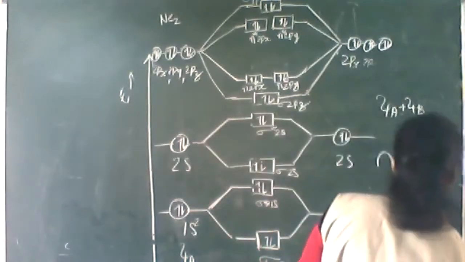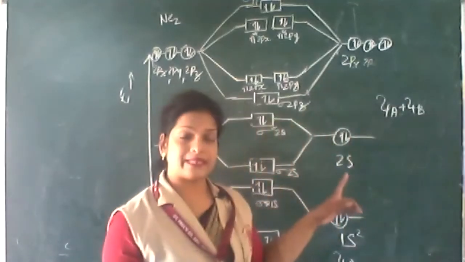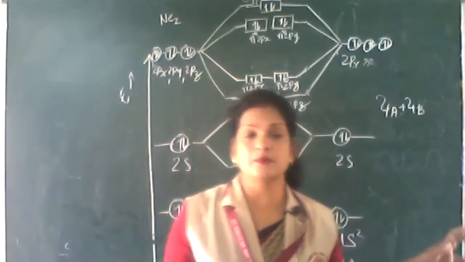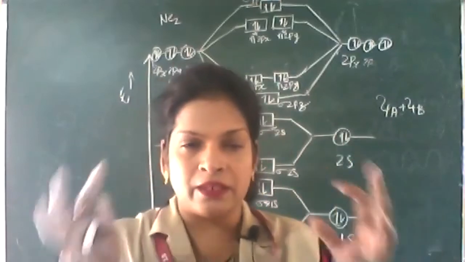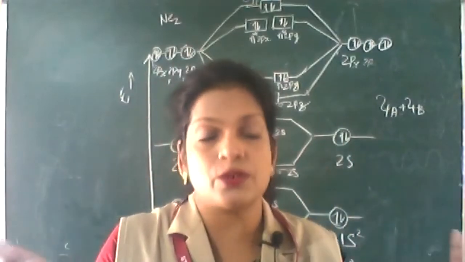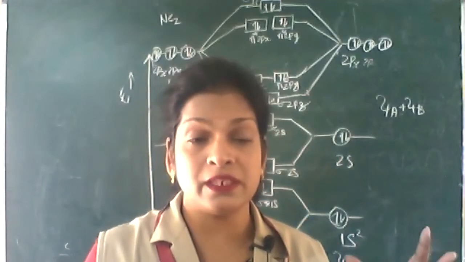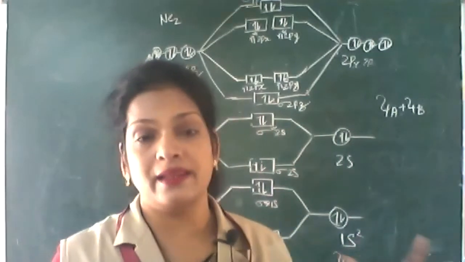In psi A plus psi B, this is the bonding molecular orbital. Electron density is between the nuclei of these two atoms. So the repulsion between the nuclei is decreased due to the presence of electron density between the nuclei. So it is highly stable.